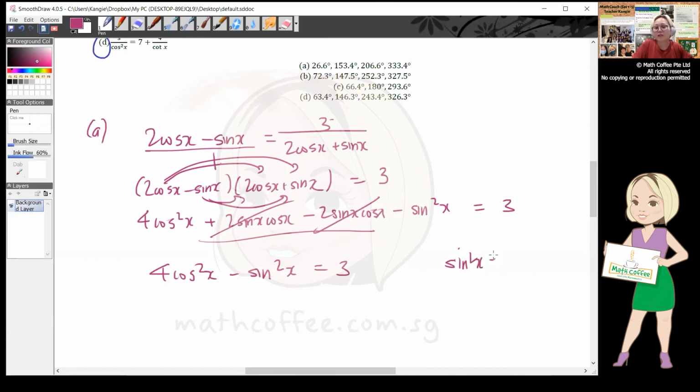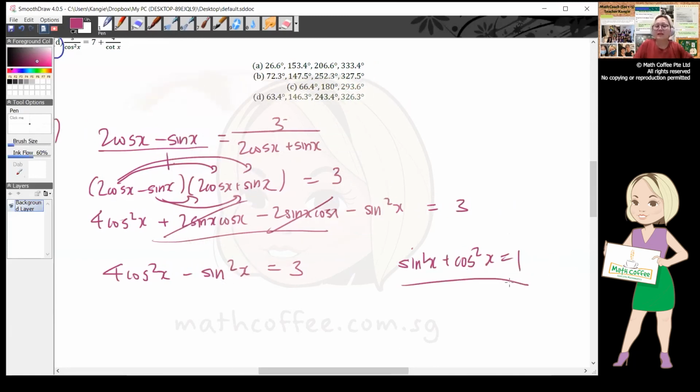So sine square x plus cosine square x equals 1. This identity can help you to change sine square x to become cosine square x, or cosine square x to become sine square x. You can choose either one. So let's say I make sine square x the subject. It'll be 1 minus cosine square x.